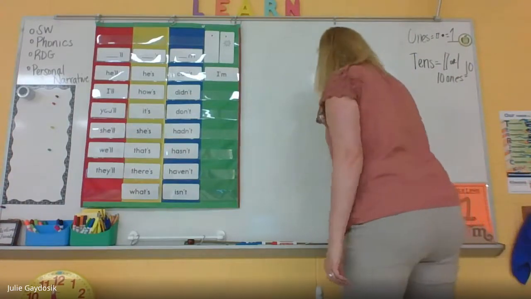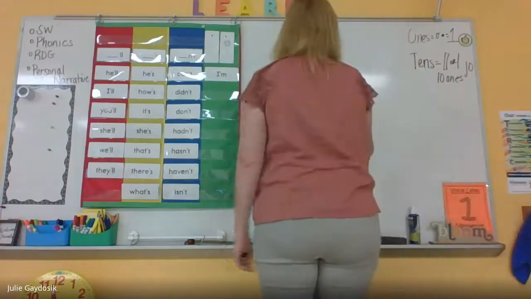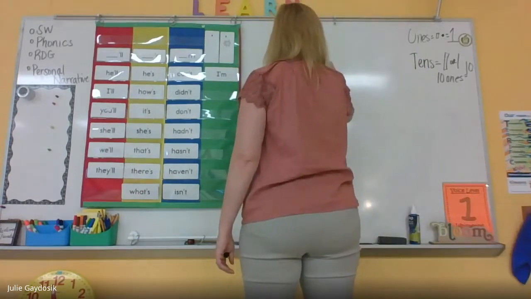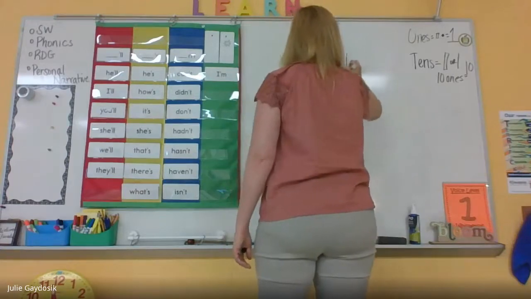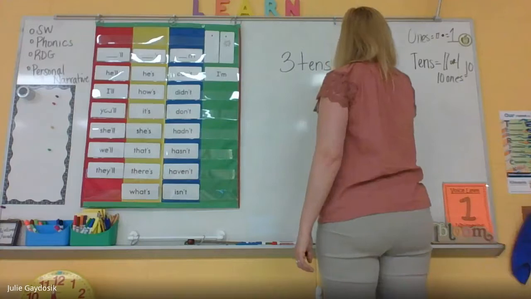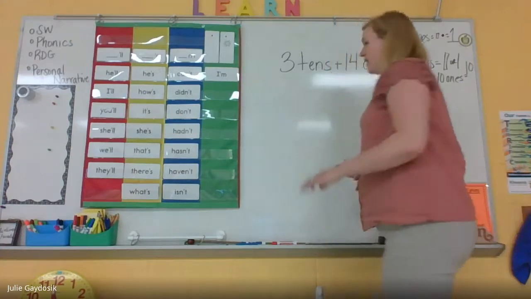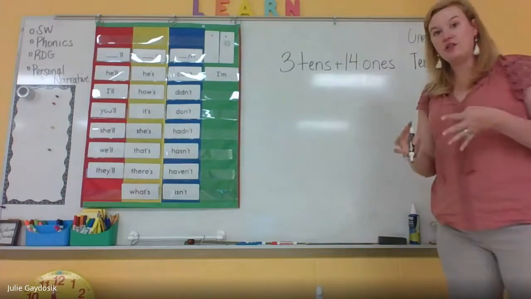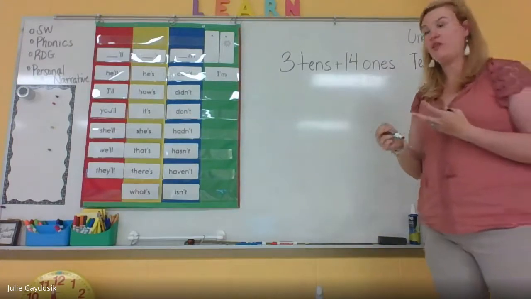So if I have 3 tens and 14 ones, I know what you're thinking. You're like, oh, you can't have 14 ones. But say I got a collection of ones and I'm adding them all together.